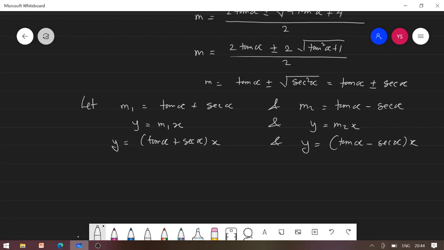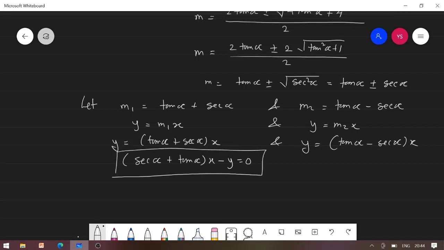So after all shifting now the y, we will get, I will write sec first, sec alpha plus tan alpha times x minus y equals to 0, and the other line having the equation, after all shifting now tan alpha minus sec alpha from LHS to RHS, it might give us minus of (tan alpha minus sec alpha) times x.